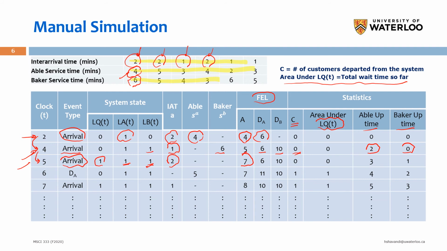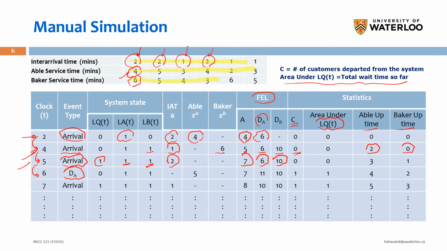The next departure will be at time 6, and also at time 10 we will have another departure. So as you see here, if you take the minimum time, the next event will be departure at time 6, departure from Able, right? So here again, time is advanced from 5 to 6 in order to process the departure event. For the departure, if you remember in the flow chart, we checked the status of the line.